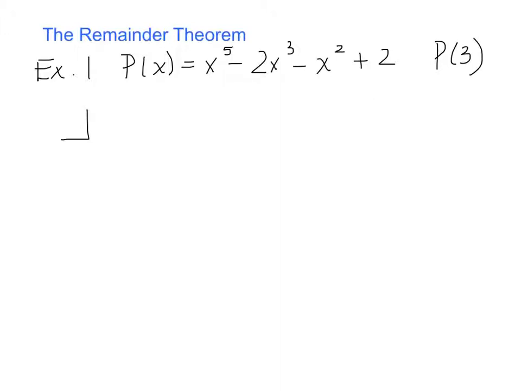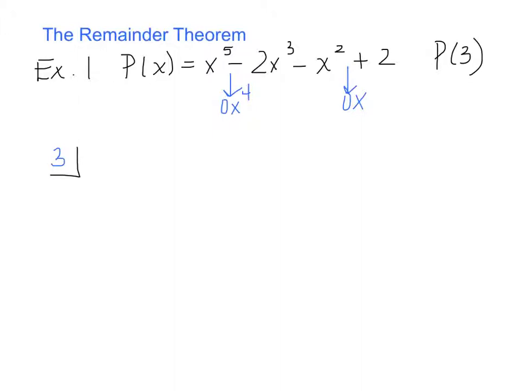So when you set it up, look closely. Make sure all your terms are there. If you notice, I'm missing an x to the 4th. I'm also missing an x. So when you write your coefficients, you want to make sure you put those zeros there as placeholders, or you will get the wrong answer.